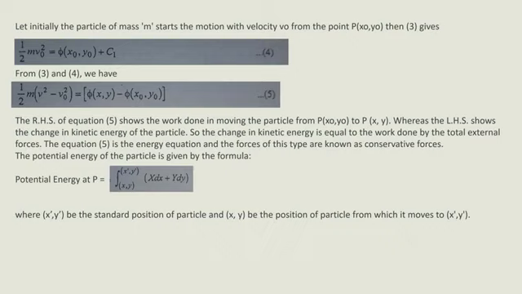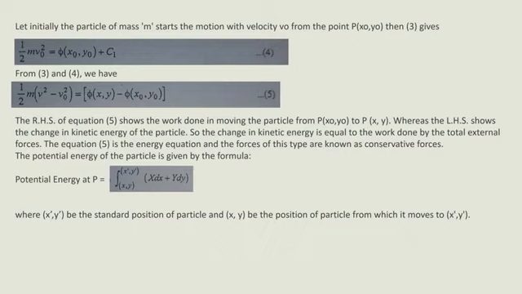So the right hand side of equation 5 shows the work done in moving the particle from P whose coordinates are x naught, y naught to P(x, y), whereas the left hand side shows the change in kinetic energy of the particle. So the change in kinetic energy is equal to the work done by total external forces. Equation 5 is the energy equation and forces of this type are known as conservative forces.